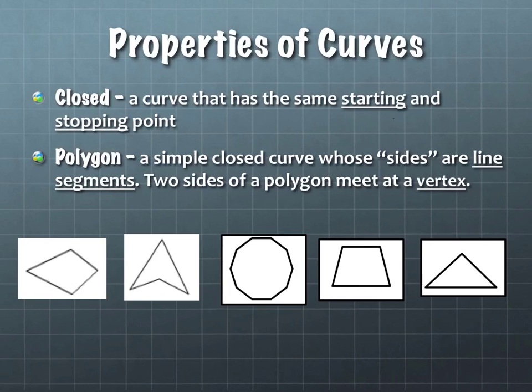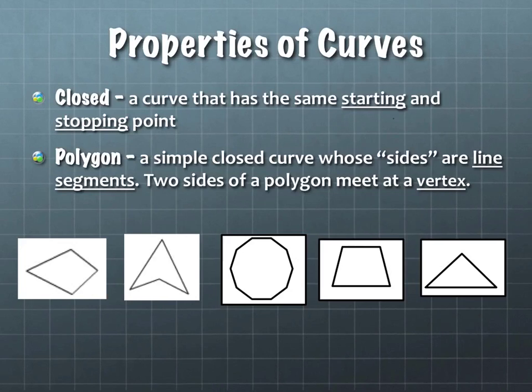All right, these are all shapes that are polygons, which is why I've got them all on this particular slide. So take a look at these. It says on here that a polygon is a simple closed curve. Okay, so it's connected, it's got the same starting and ending point, and it doesn't cross itself. But the sides are line segments.